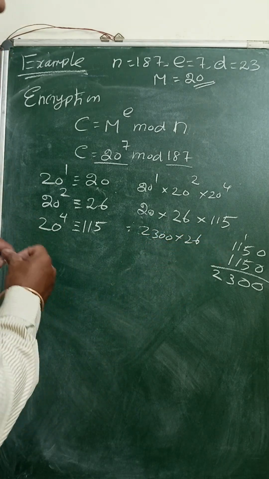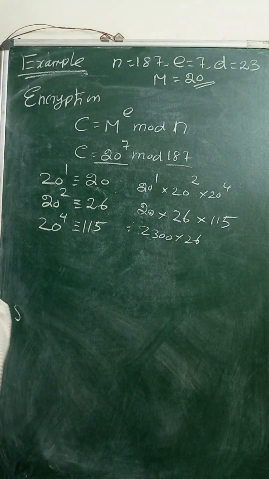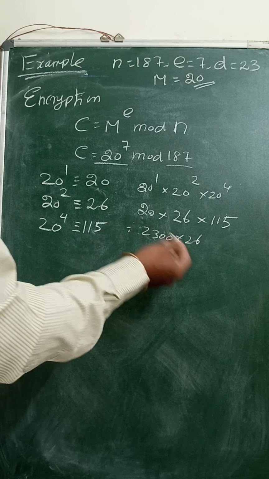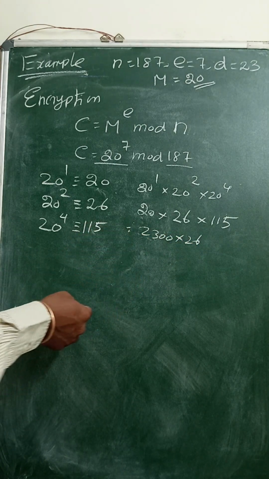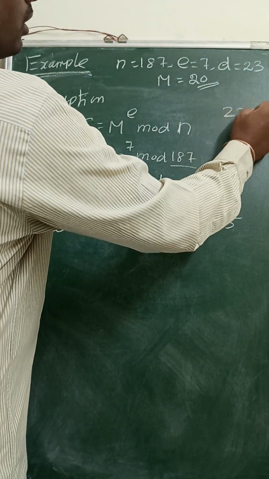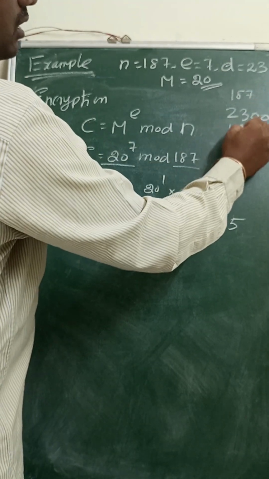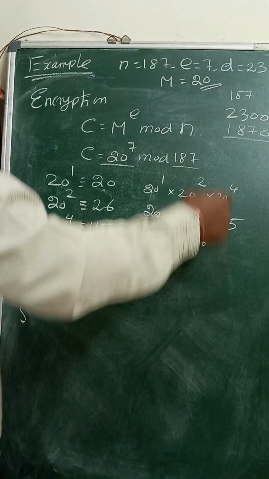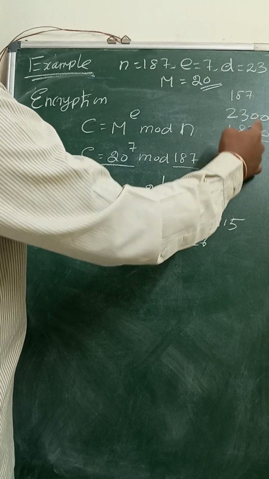When you substitute, 2300 is the biggest number. So 2300 into 26, you want to cross multiply. For the simplification of the answer, 2300, we have to reduce with the modulus value applied. Modulus value. So 2300 we make by the 187 now. 10 times is possible, 10 times possible 2300. Directly go for that is the 187. So having the 18700. The remainder numbers are there.